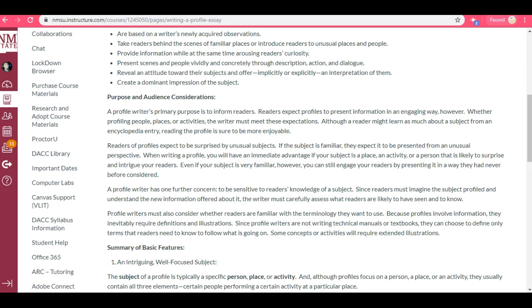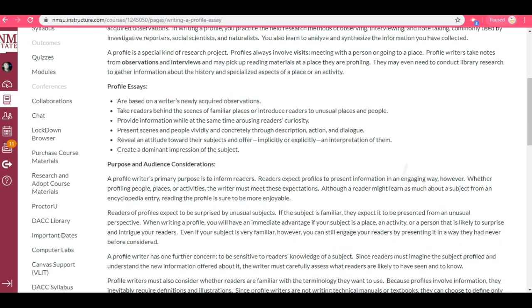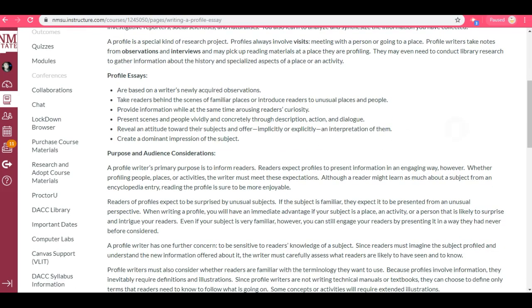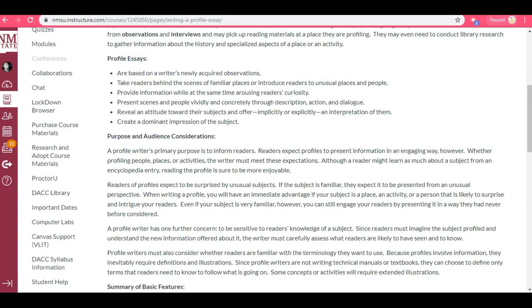It's also important to note what the source says right here. It mentions that a profile is not just reading about the place, that it should be more interesting than an encyclopedia. So you are not doing a report on a place, you are describing a place so that we can see how important this place is, but also it should be interesting to us.